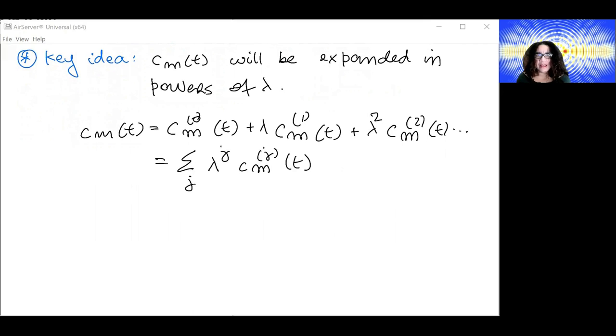So remember that we had an expression already as a function of each coefficient C_m(t).